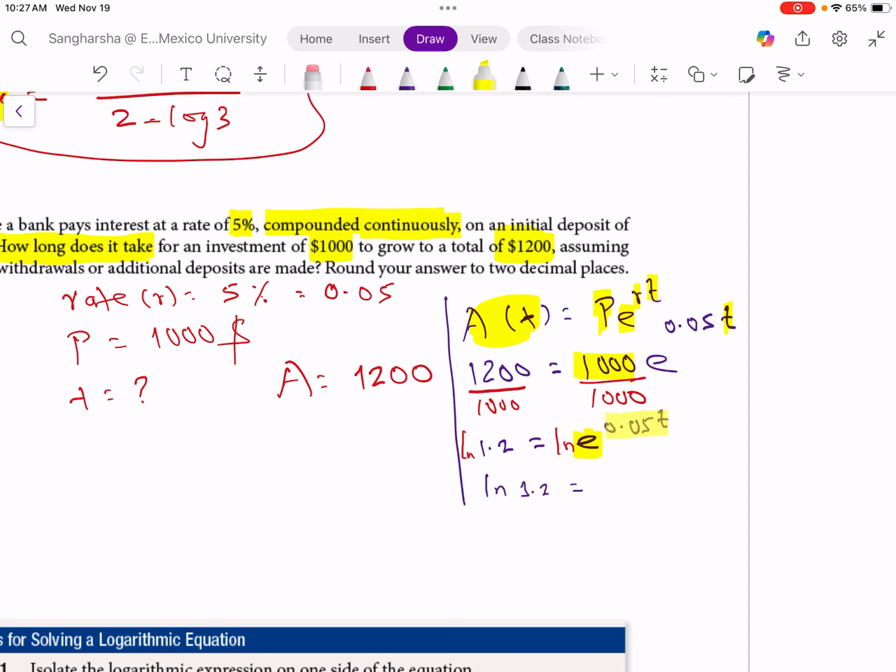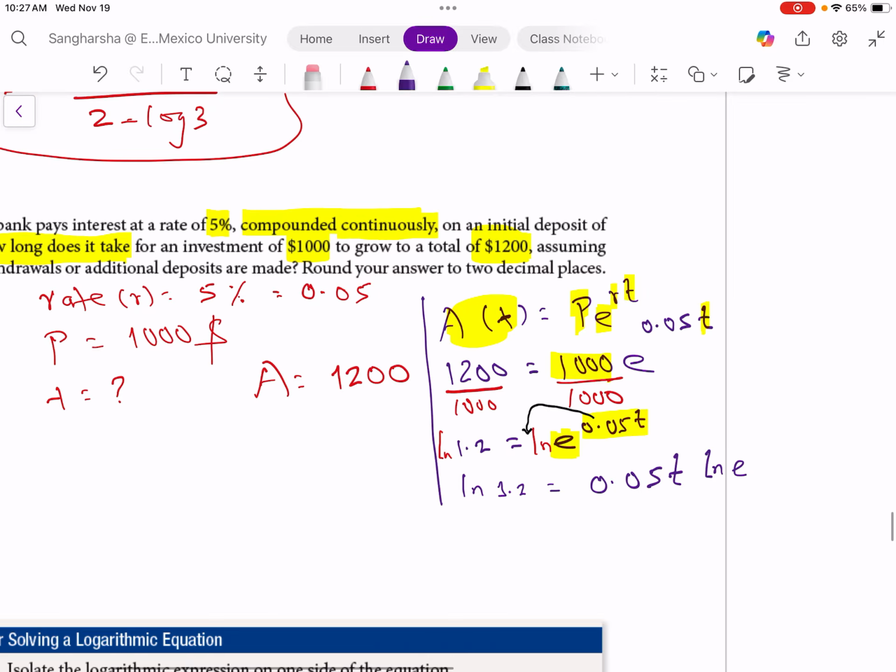This is the exponent. We can rewrite this exponent in front of the log. So we have 0.05t ln of E. Now what do we know about ln of E? That equals 1, like log of 10 is 1, ln of E also equals 1.